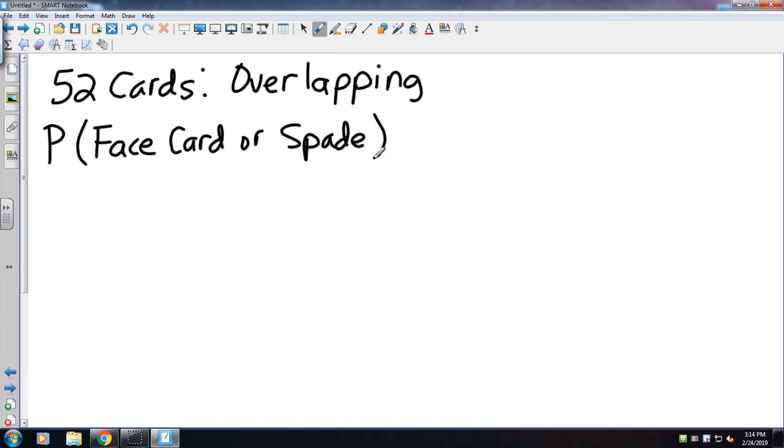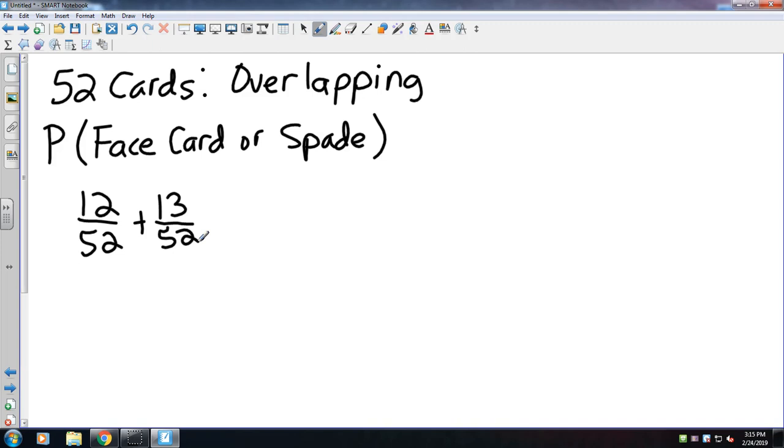So we need our two. We need to know how many are face cards out of 52 and how many are spades out of 52. So just like the one we did before, we know we have 12 face cards. So 12 out of 52. And then just recalling from last week, from doing 4 suits in a deck, so that is going to be 13 spades. Now, the question here is, how many face cards are spades?